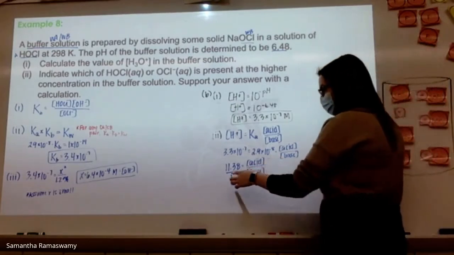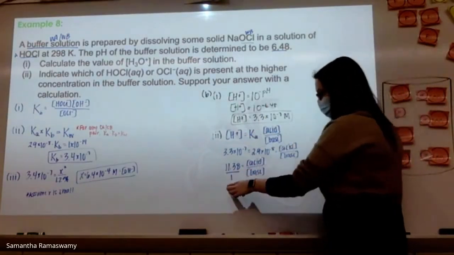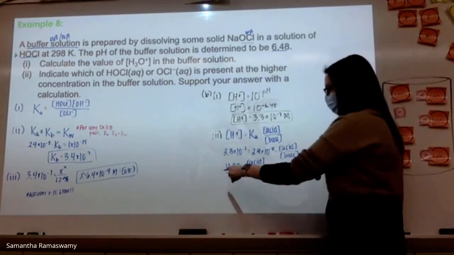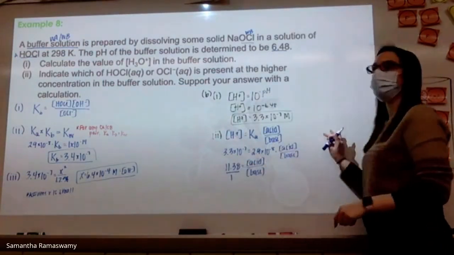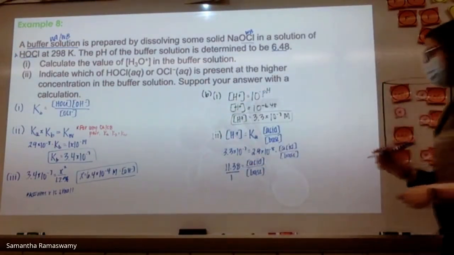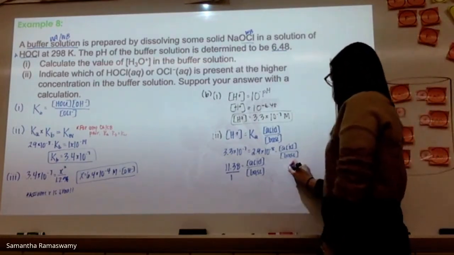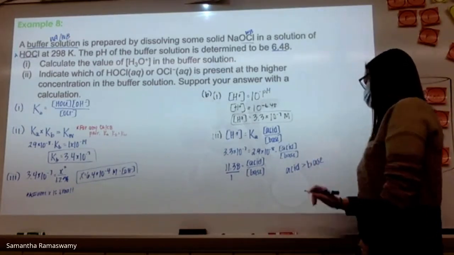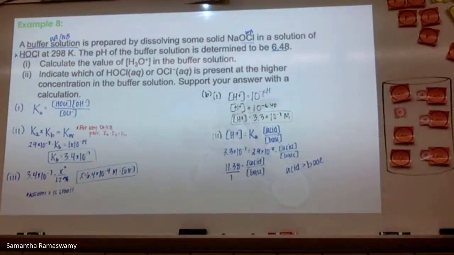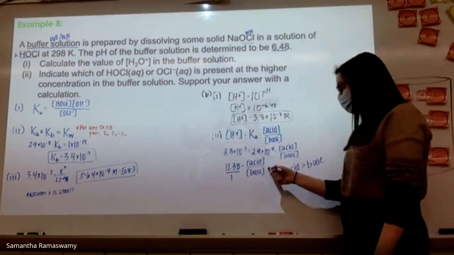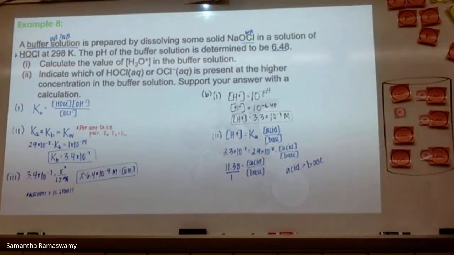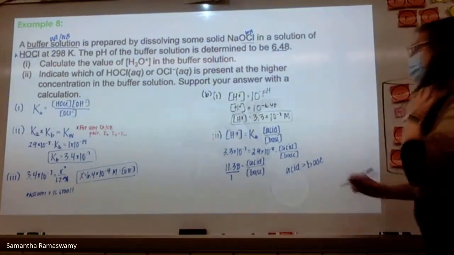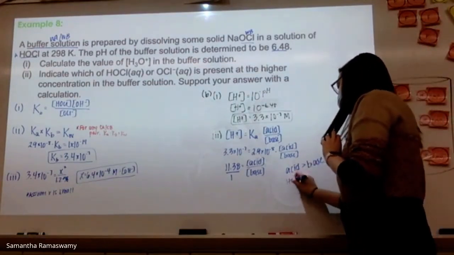So the acid is greater than the base, because when I look at this ratio, the ratio of acid to base is 11.38 over 1. The acid was HOCl compared to the base, which was OCl minus. So which is present at higher concentration? The acid.